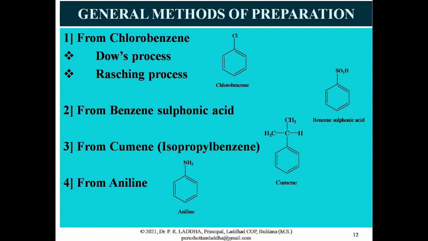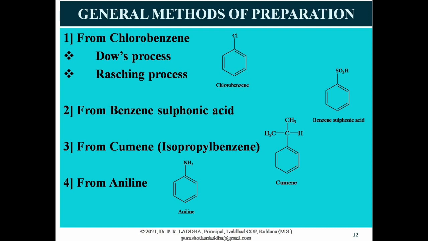And all these starting materials, that is chlorobenzene, benzene sulfonic acid, cumene and aniline, can also be obtained from benzene. Benzene, when it undergoes various electrophilic aromatic substitution reactions, can give us chlorobenzene, then benzene sulfonic acid and isopropyl benzene. Benzene on halogenation gives us chlorobenzene.